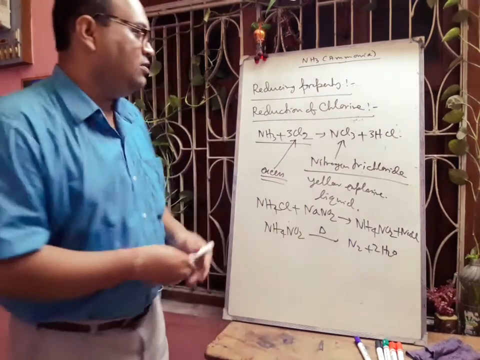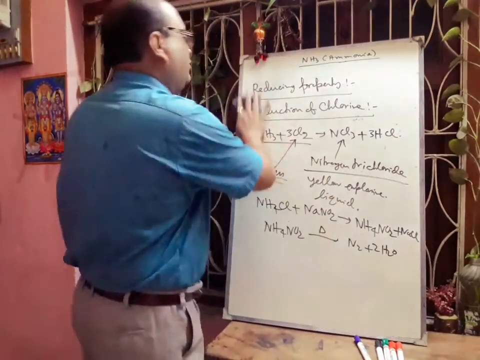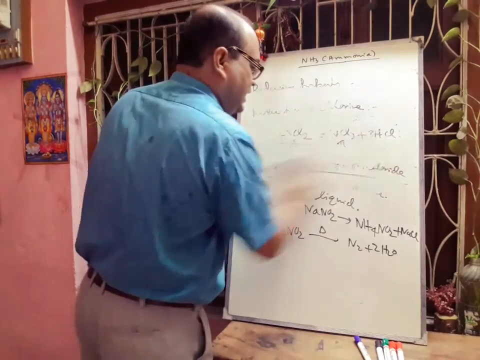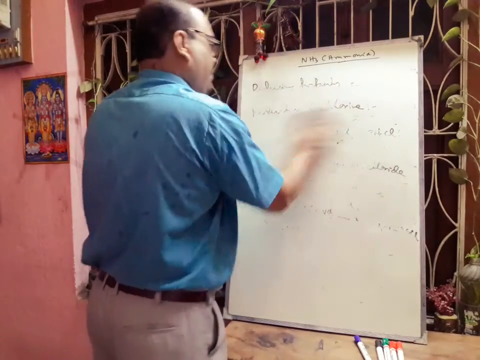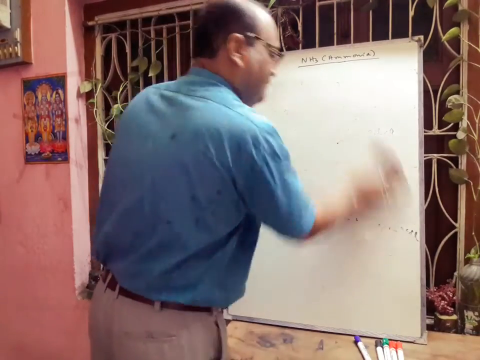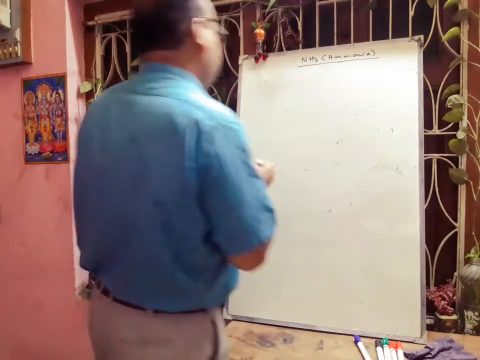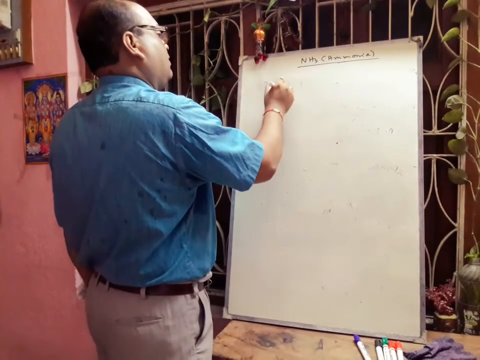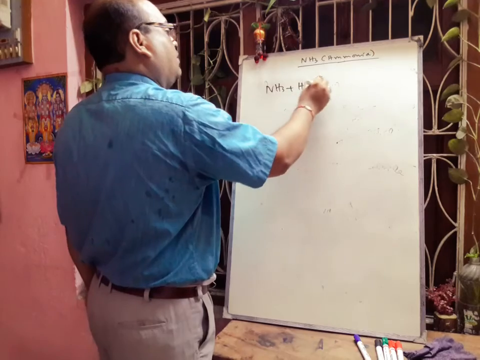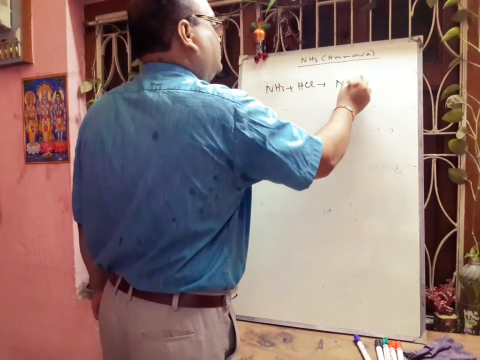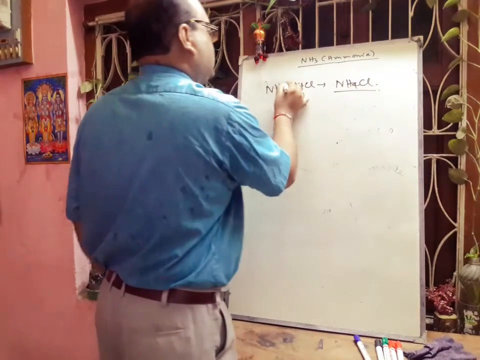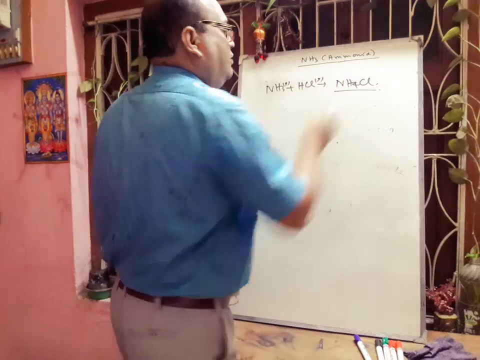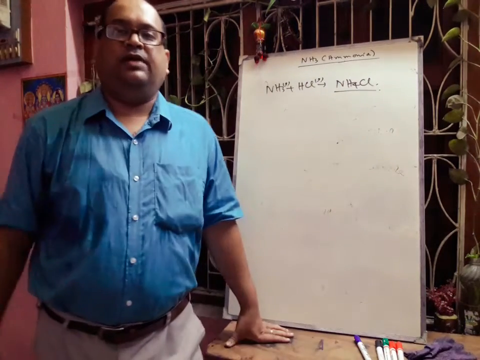The reaction I have already discussed: ammonia will react with this HCl gas forming ammonium chloride, a dense white film. These are in the gaseous state, and we will get the dense white film of ammonium chloride.